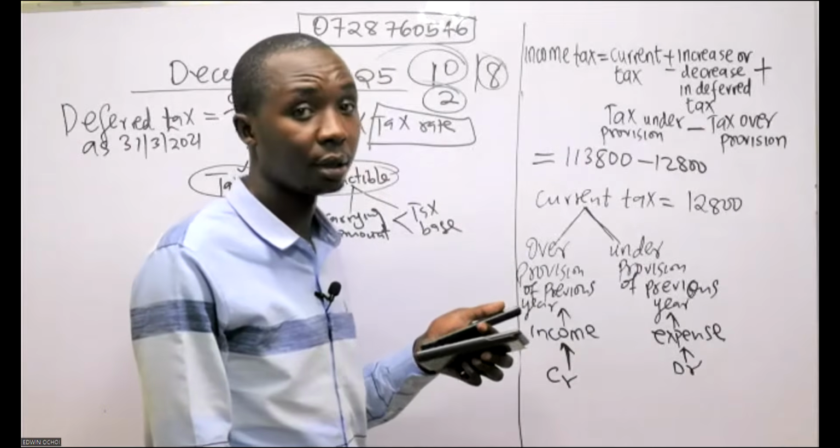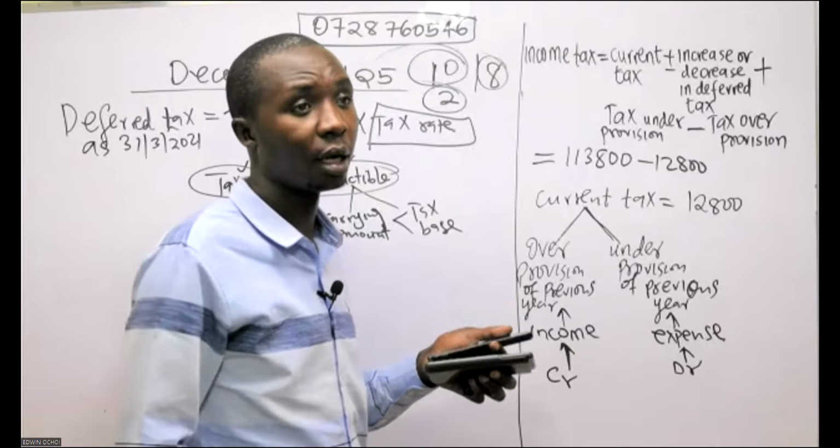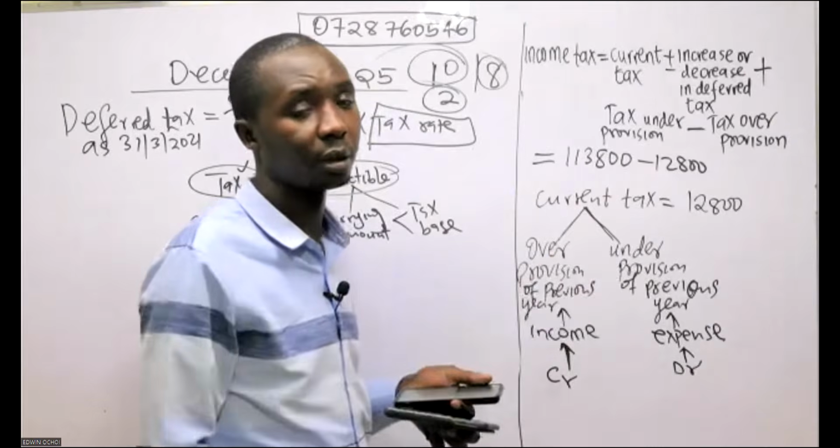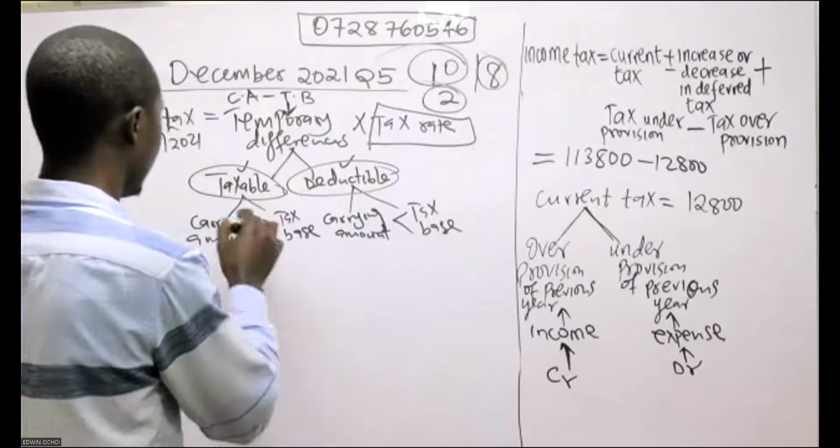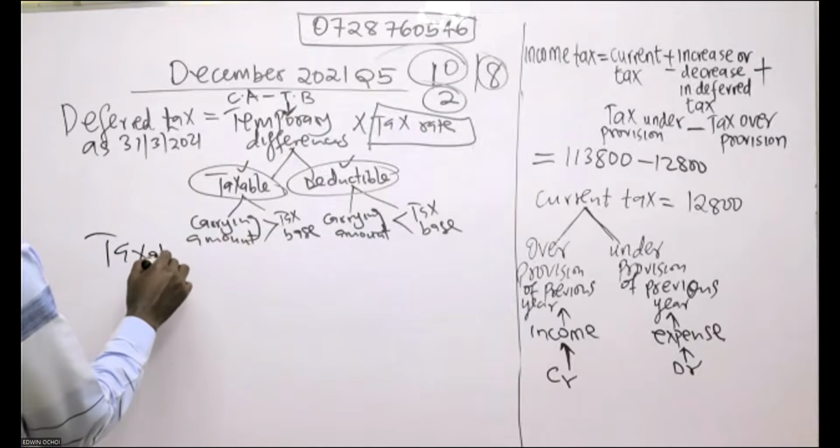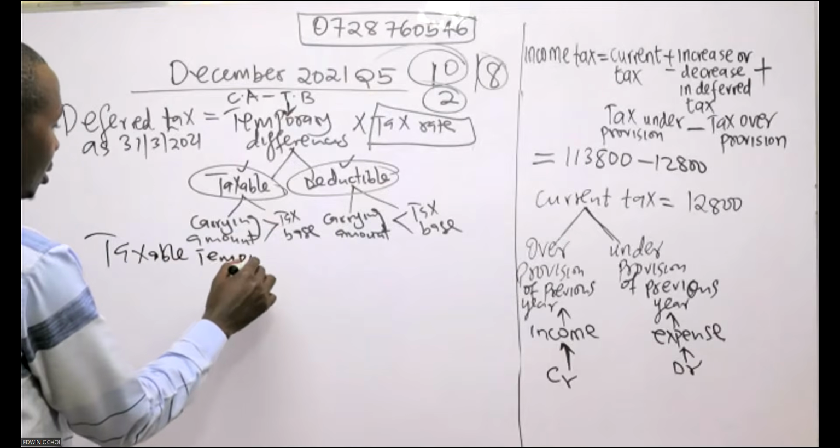Tax base less than the carrying amount, meaning that the carrying amount is greater than the tax base. That is a taxable temporal difference.